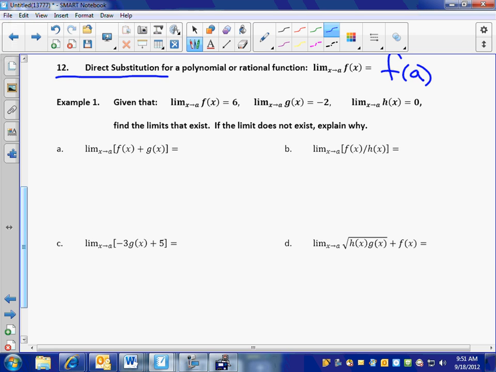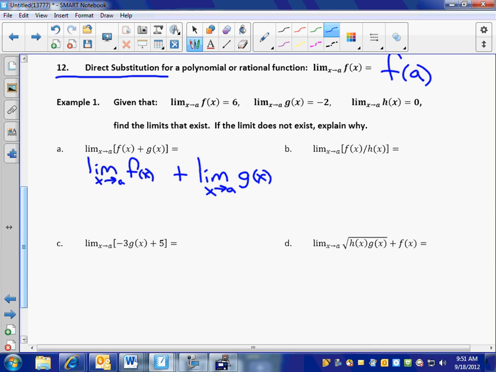It says, given that the limit as x approaches a of f of x is 6, and the limit of g of x is negative 2, and that the limit of h of x is 0, I want to identify these, and if it doesn't exist, I want to explain why. Now, the first thing is, are these all approaching the same value? Yes, they are all approaching what value? A. And so because they are, we can use our properties from above. If I wanted to find the limit as x approaches a of f of x plus g of x, what I do is I find the limit as x approaches a of f of x, and then I add on the limit as x approaches a of g of x.